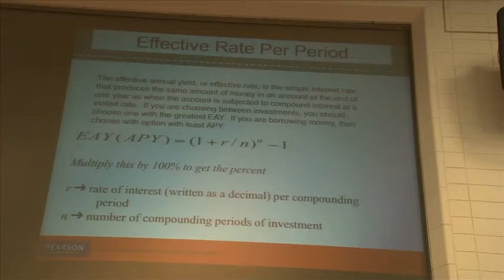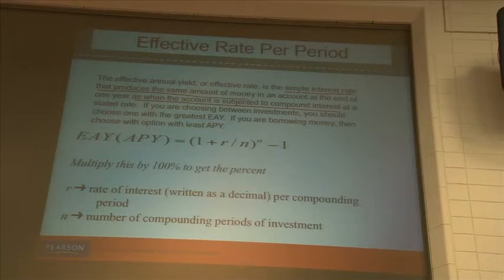Now, the effective rate per period. This is the simple interest rate, keywords there, simple interest rate, that produces the same amount of money as when the account is subjected to compound interest. Okay? So effective annual yield.